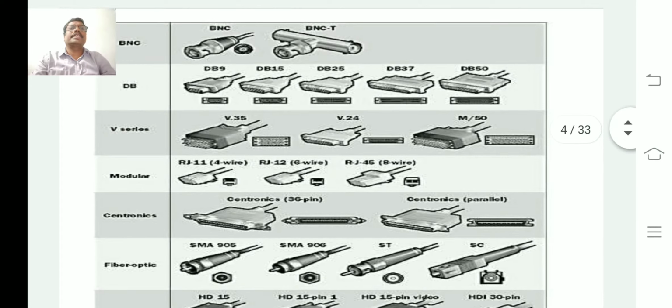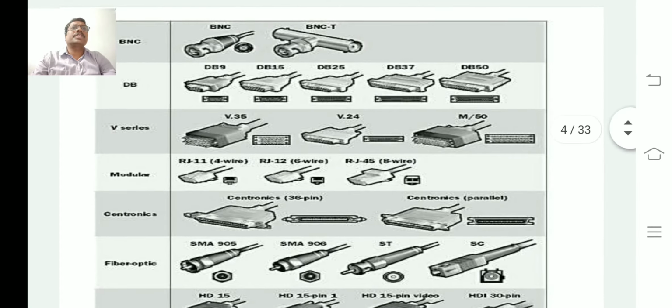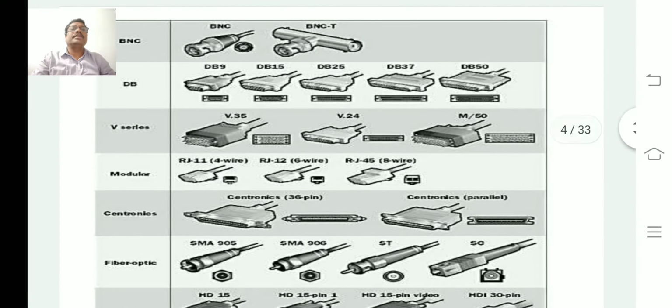These are two types of BNC connectors. Then DB, as I said, D shape: DB9, DB15, DB26, DB37, DB50, and V-series types like V.35, V.24, and we have modular types RJ11, RJ12, RJ45.